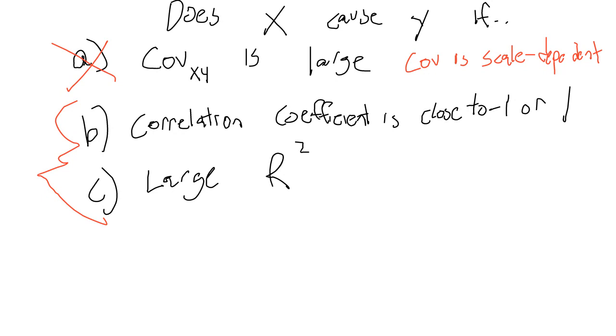Okay, so you can think about roosters crowing and the sun going up. The roosters crowing doesn't cause the sun to go up. It's actually the other way around.